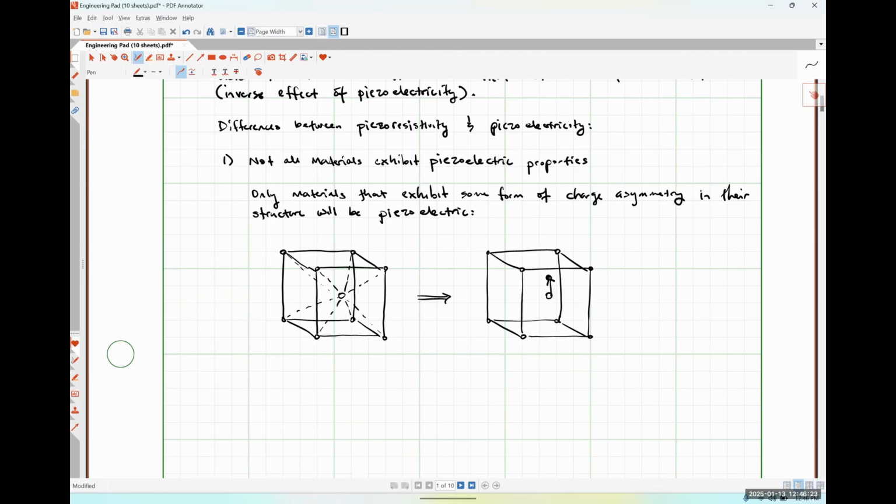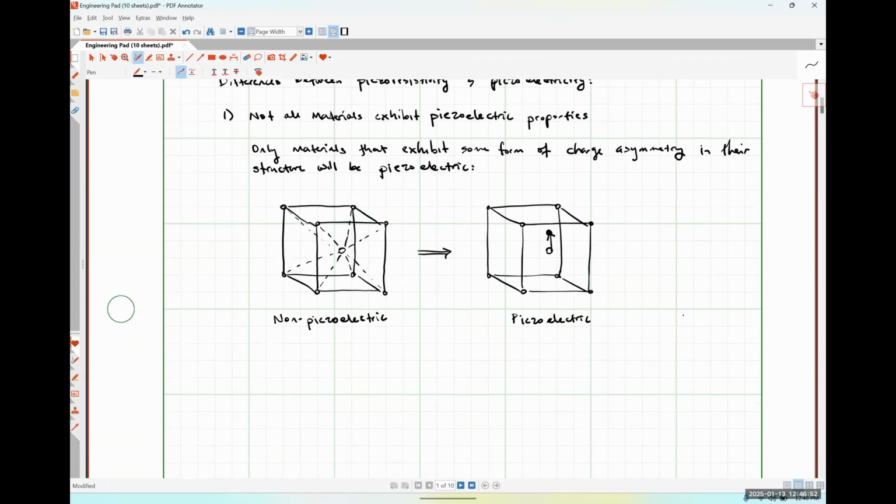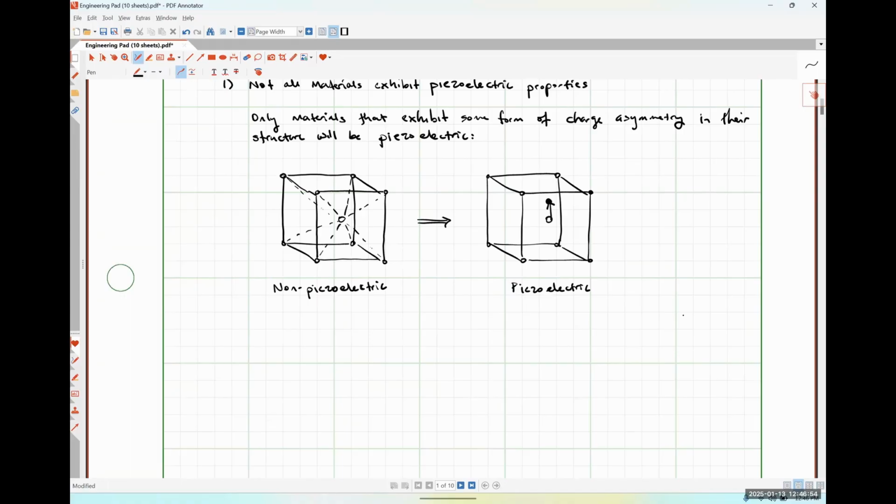That's probably an aggressive shift in the crystalline structure, but the point is that we no longer have that symmetry. So we have the potential for a piezoelectric effect to occur, okay? So on the left-hand side, we have a non-piezoelectric crystal, and on the right-hand side, this one might be piezoelectric.